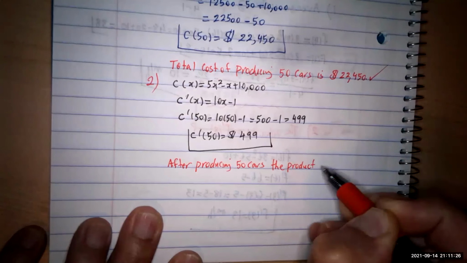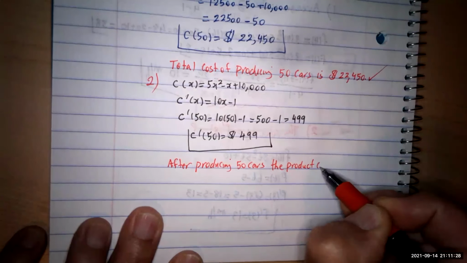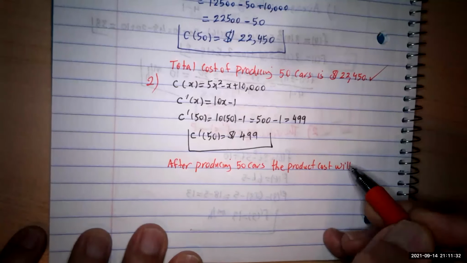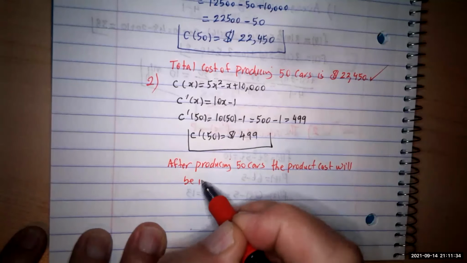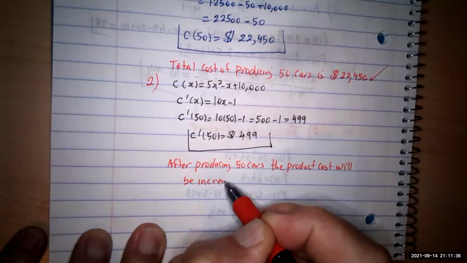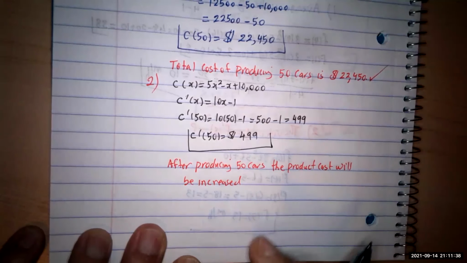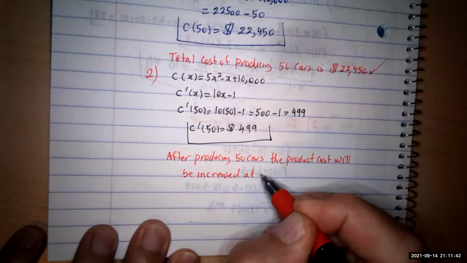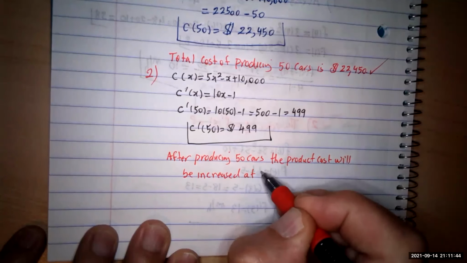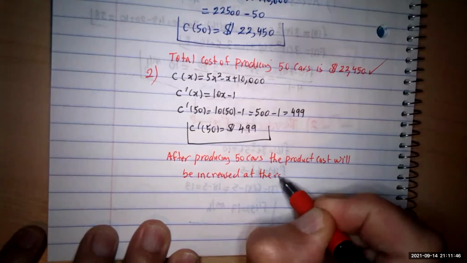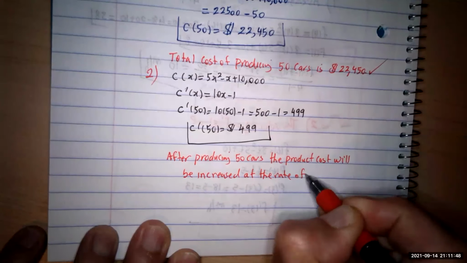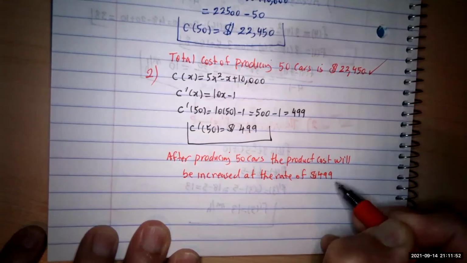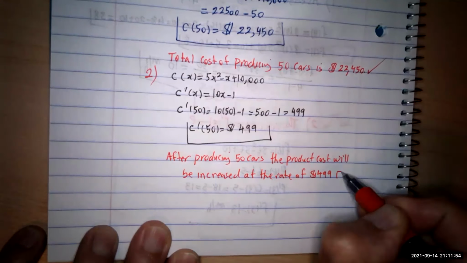or total cost, the production cost, this is a positive number, so it will be increased. It costs you more. Increase at what rate? At the rate of $499 per unit, per car.